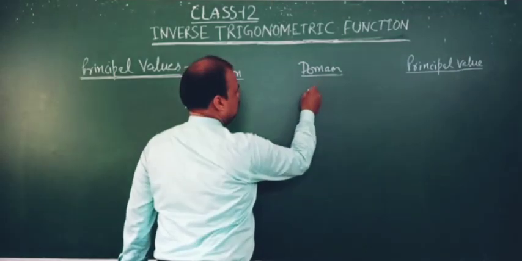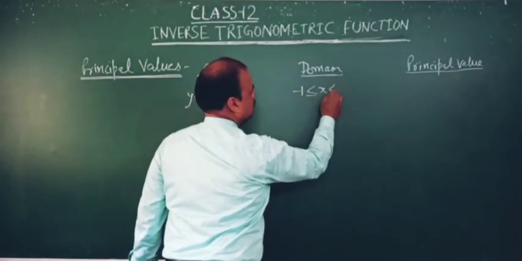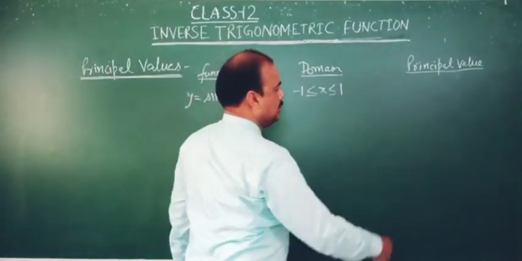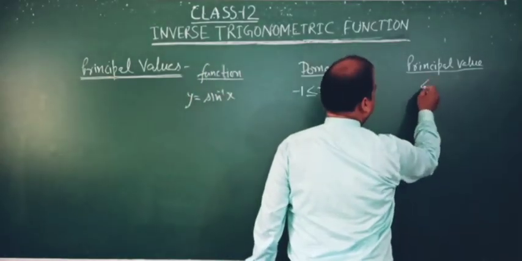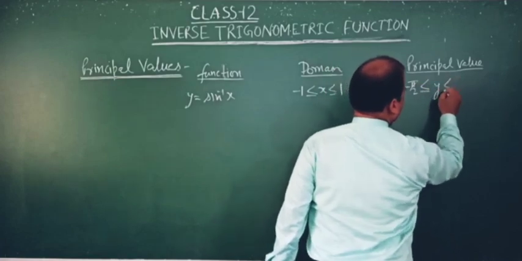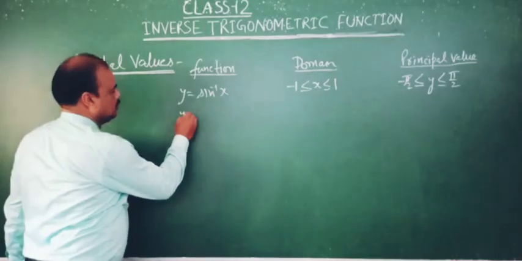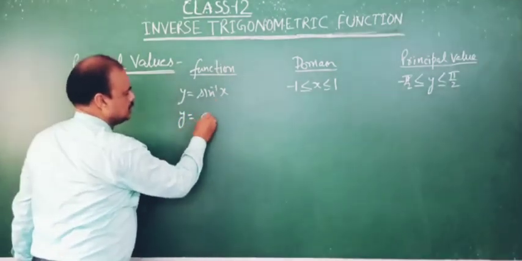Domain will be -1 to +1 and principal value lies between -π/2 to +π/2. Next function is cos inverse x.